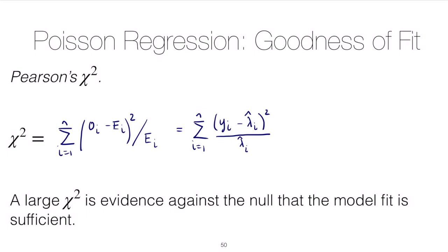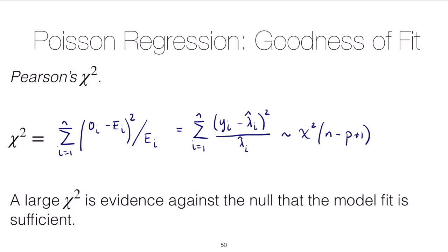And for Poisson regression, well, in any case, not just for Poisson regression, but generally this thing would have a chi-square distribution with n minus (p plus 1) degrees of freedom. And this can also be thought of as a measure of goodness of fit.